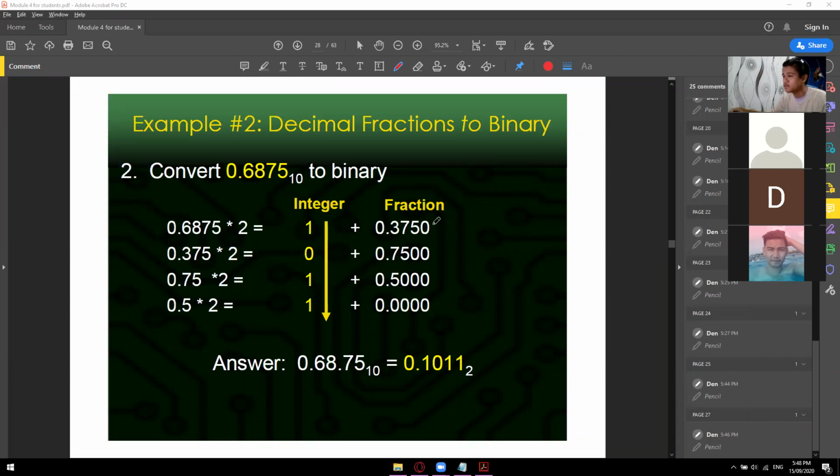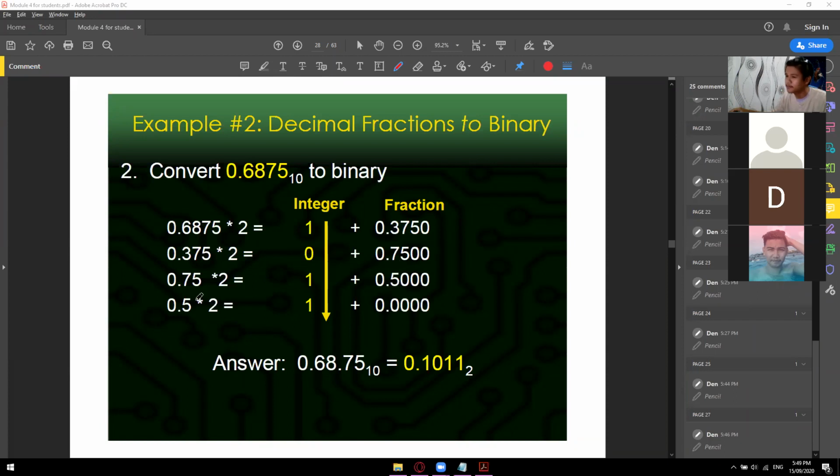And then get the fraction part, 0.375 times 2, you'll get 0.75. So 0 sa integer, and 0.75 sa fraction. And 0.75 times 2 is 1.5. So 1 sa integer, and 0.5 sa fraction. Dito pa lang, alam nyo na dapat na ito na yung pinalas.